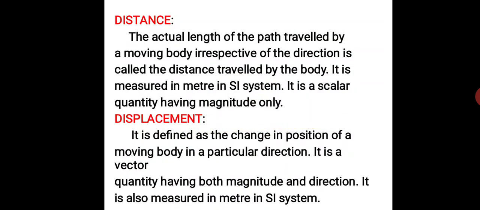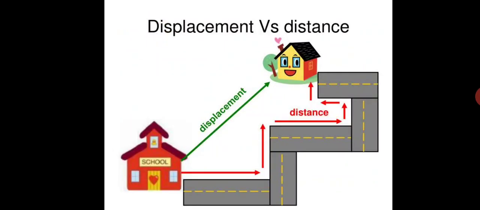Next is displacement. Listen carefully. It is defined as the change in position of a moving body in a particular direction. It is a vector quantity. Here we are calculating both the distance and the direction, that is the amount of the distance travelled, magnitude, and direction.